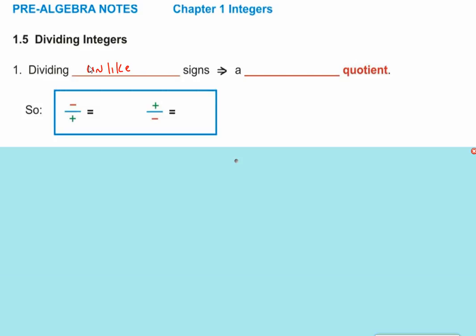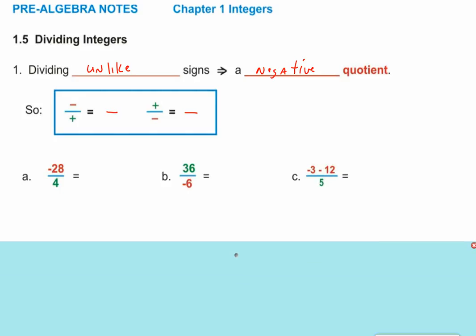The quotient is negative as well. Same thing. So therefore, a negative divided by a positive is a negative, and a positive divided by a negative is a negative. In both instances, the quotient is negative.